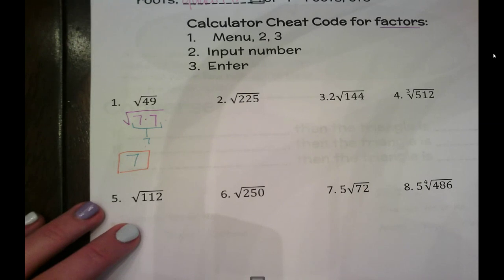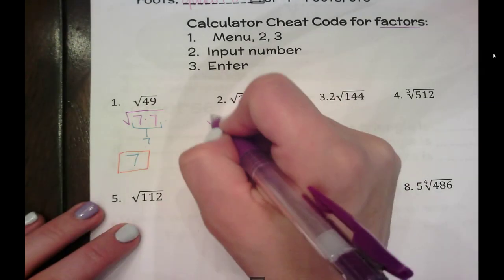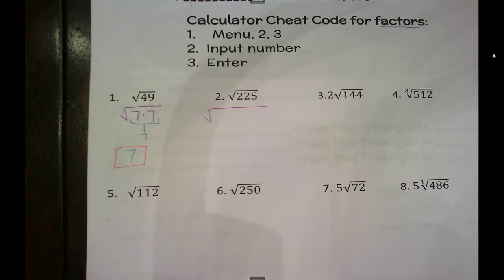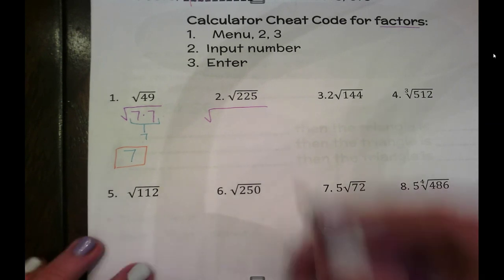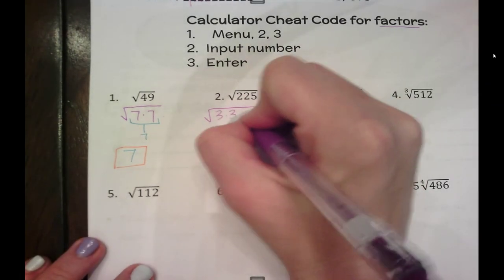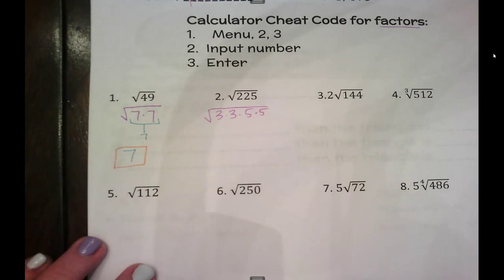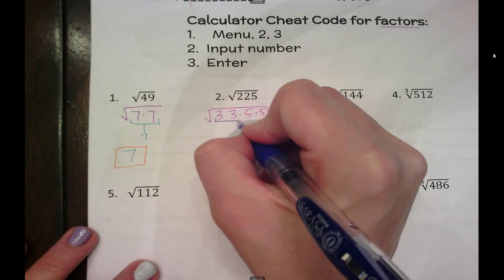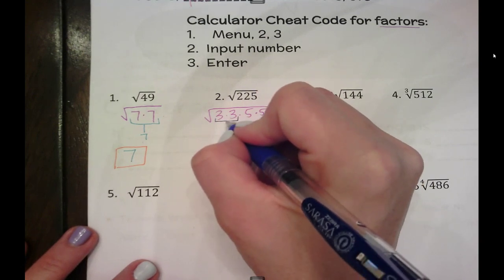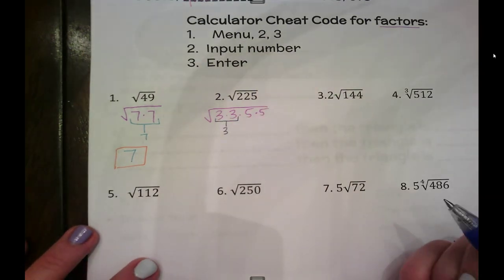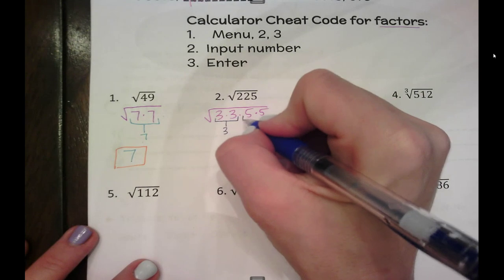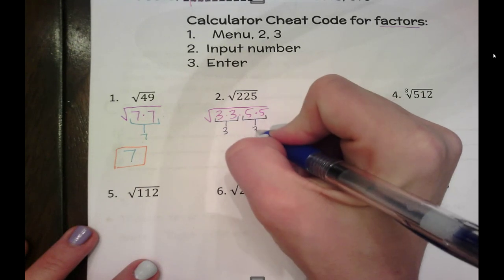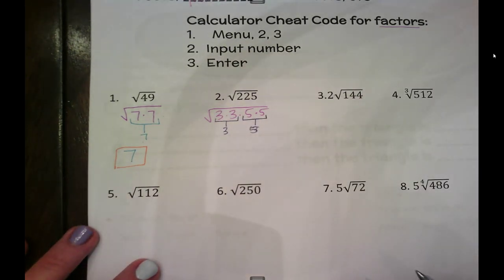Okay, let's do another example. Find the prime factors of 225: 3, 3, 5, 5. So we're pulling out groups of 2. Remember, they're groups underneath, but we're pulling out as 1. Groups underneath, pulling out, that's a 5, pulling out as 1.